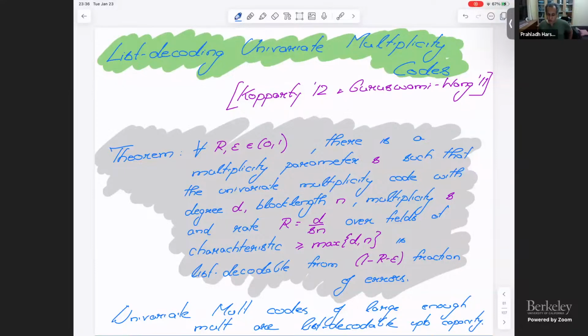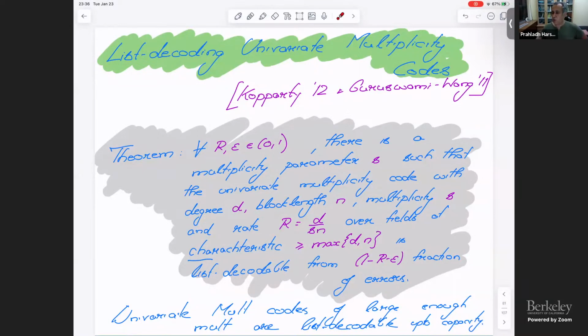Two, and the bigger issue, is that the current proof works only if the underlying characteristic is large enough. The definition of univariate multiplicity codes did not care about characteristic, but both the Kopparty algorithm and the Guruswami-Wang algorithm have an analysis that breaks down if the characteristic of the underlying field is small.